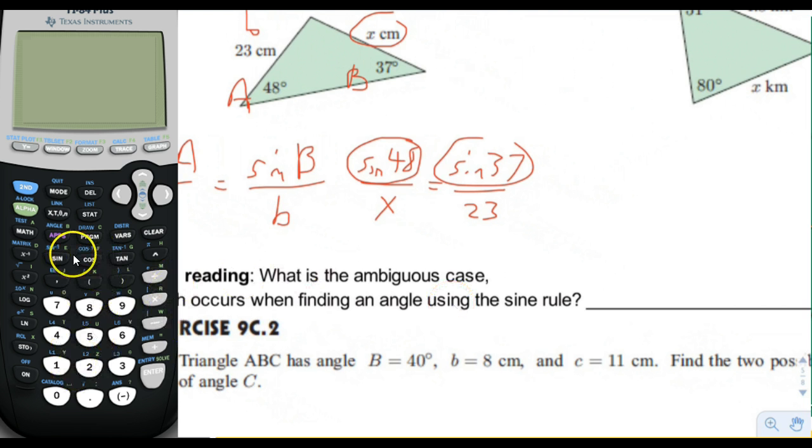So sine of 48 is 0.743. And sine of 37 is 0.602. We should use at least 3 significant figures, okay?